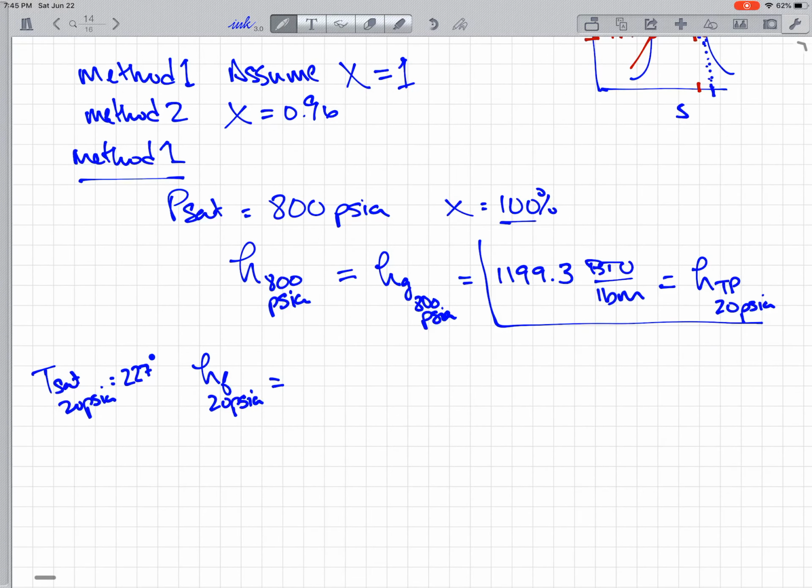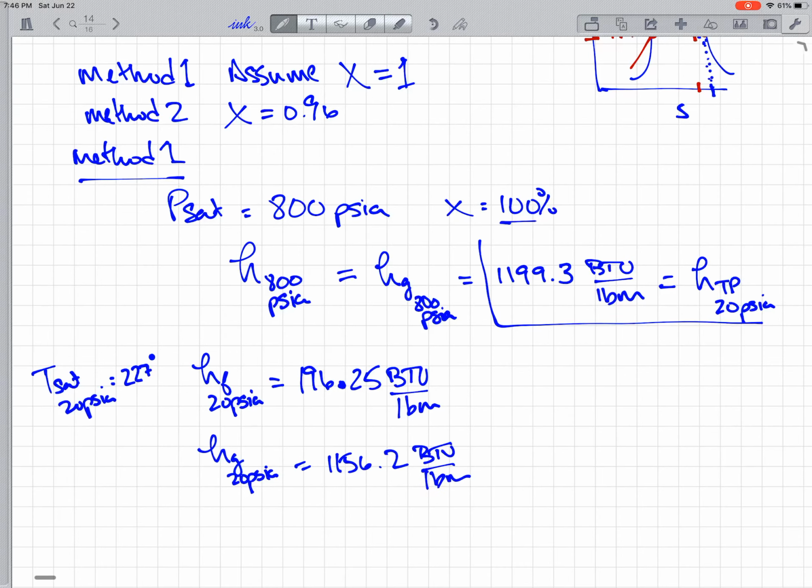And I'm also going to see that the enthalpy of saturated water is going to be 196.25 BTUs per pound mass. And the steam enthalpy for 20 psia is going to be 1156.2 BTUs per pound mass.